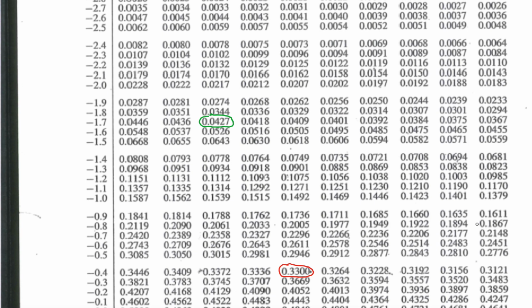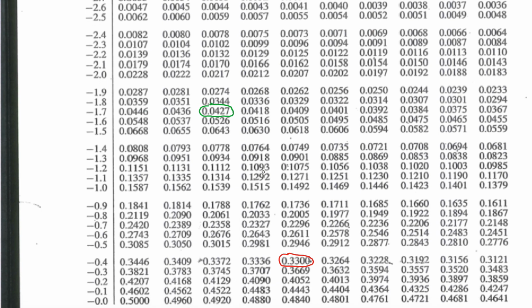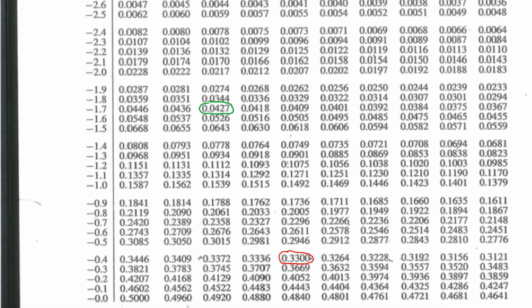Okay, so we're getting close. So we're looking at 0.20. Where is it? Well, this is probably the closest that we're going to get, right here. I can't find another value that's closer to 0.2.